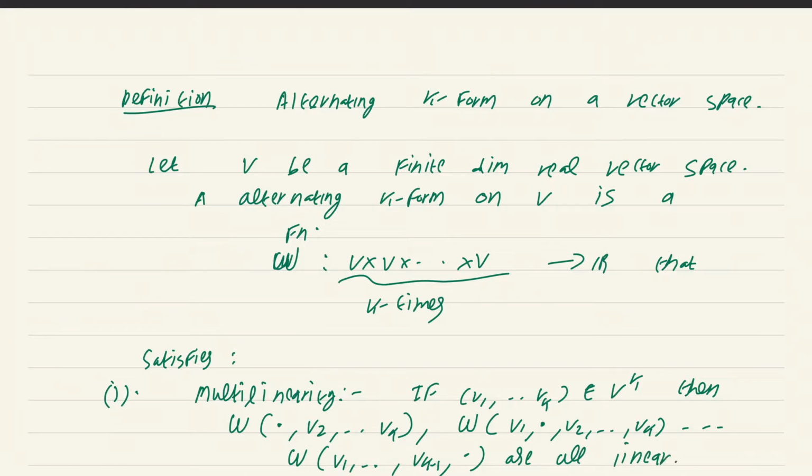This is just elaborately saying that a k form is multilinear, or rather linear, in each one of the slots.